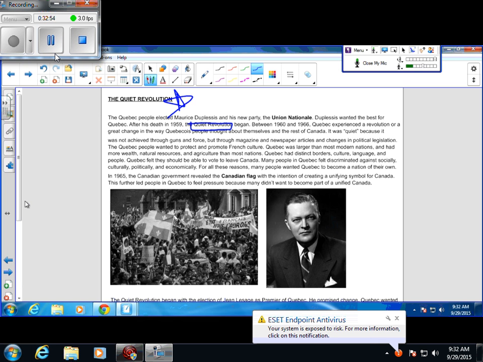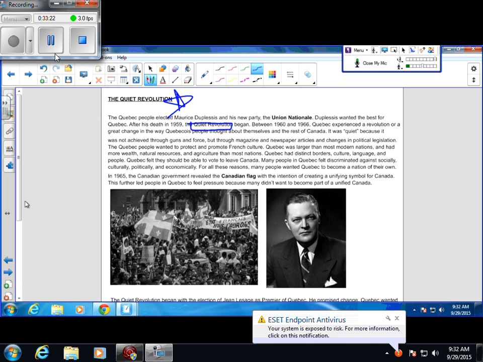So why was this revolution called the Quiet Revolution? Well, from your textbook, as you can see from the slide, usually when we use the word revolution, we talk about protesting, violence, weapons, guns, people getting hurt, people getting arrested, a lot of chaos.